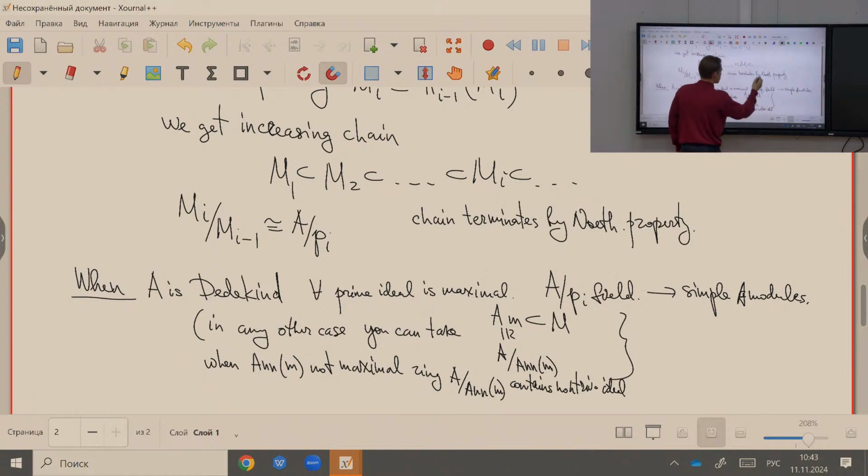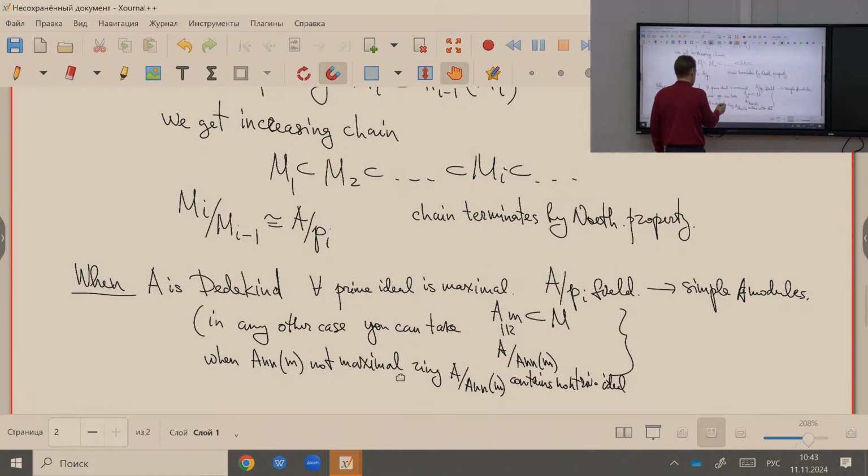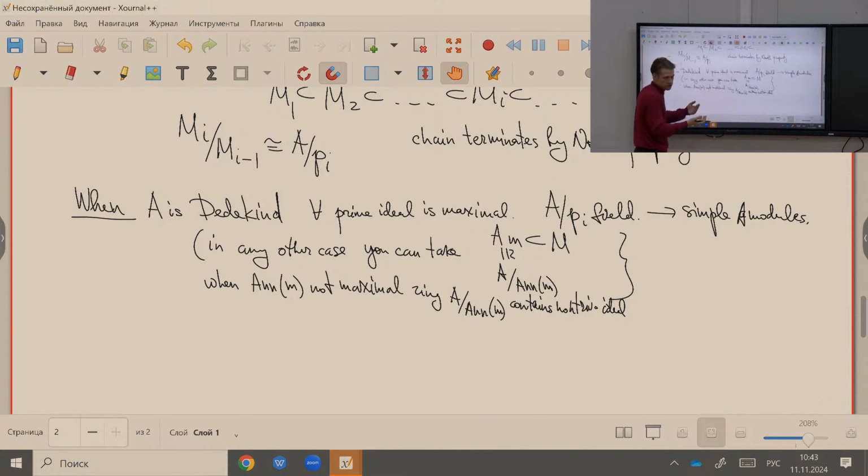And this is precisely a submodule, and that's why this is if and only if.